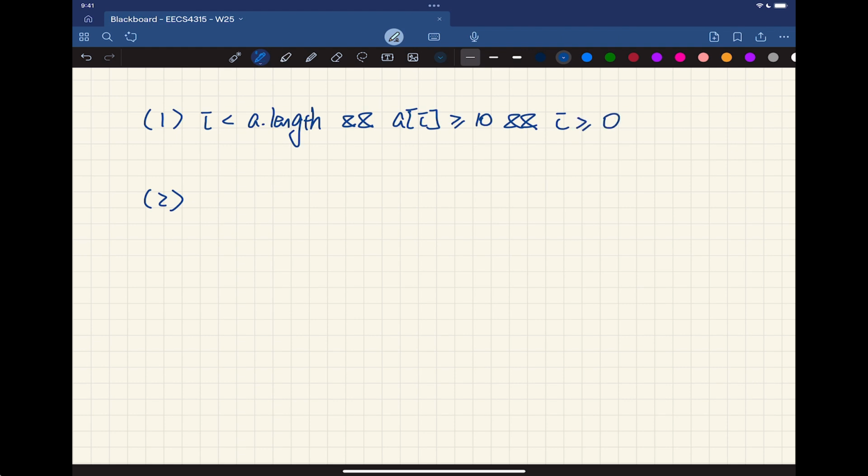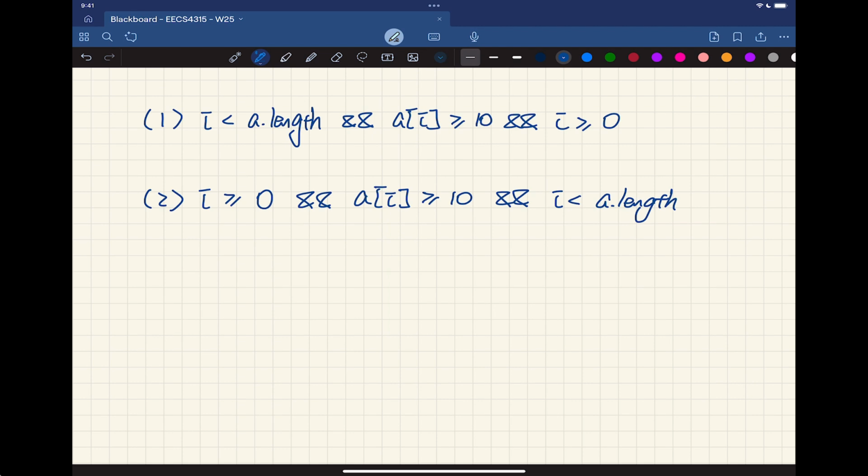That'll be number 1. Number 2: i larger than or equal to 0 and a[i] larger than or equal to 10 and i less than a.length. For you to think about, and we'll give you the solution and discussion on Tuesday.